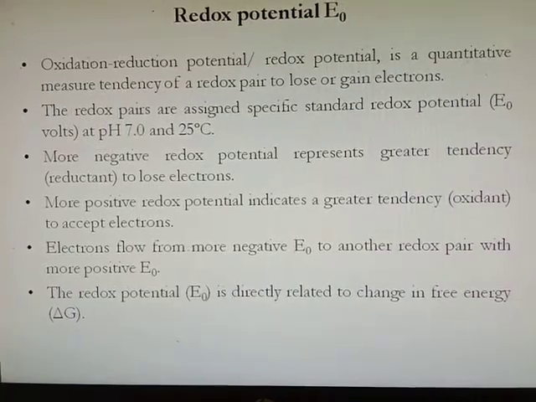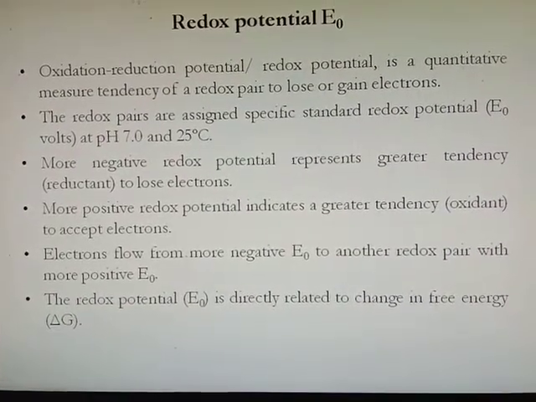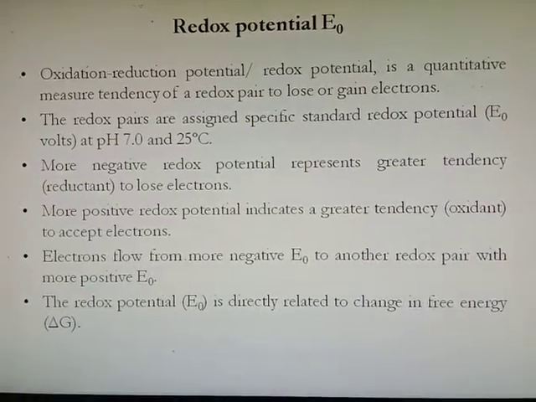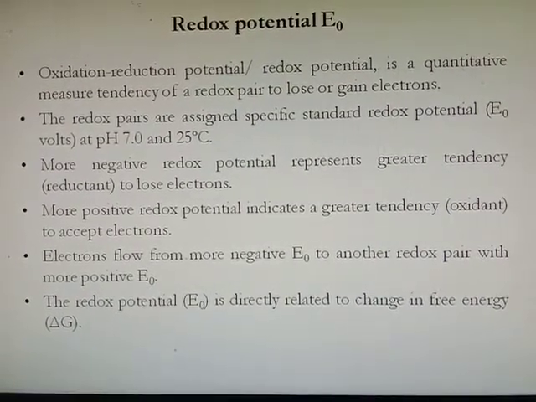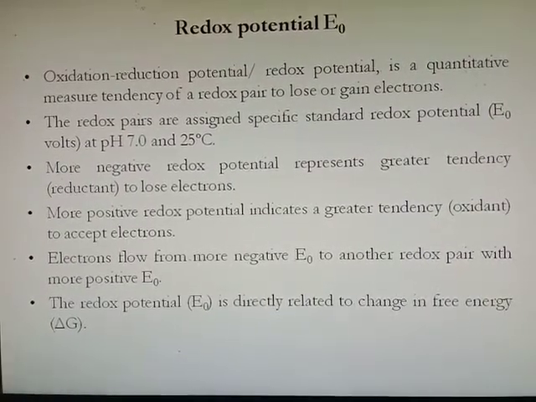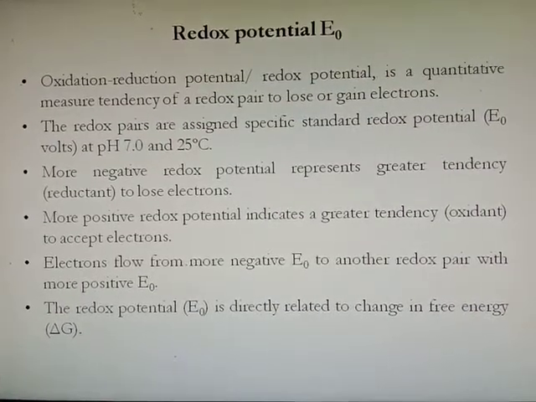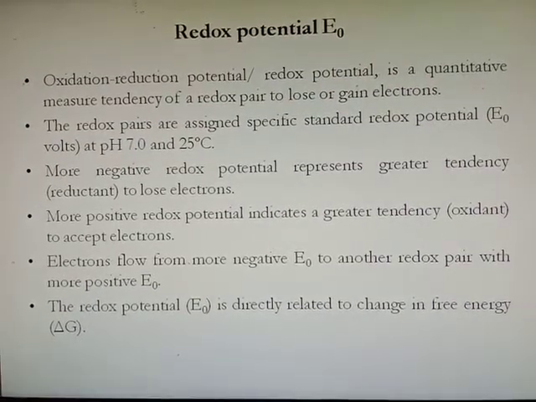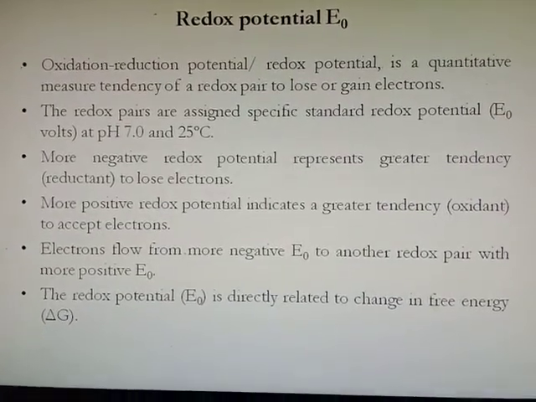Here the molecule which has positive redox potential value will accept the electron. Electron flows from a more negative redox potential to another redox pair which has more positive redox potential. The redox potential is directly related to the change in free energy of that molecule.